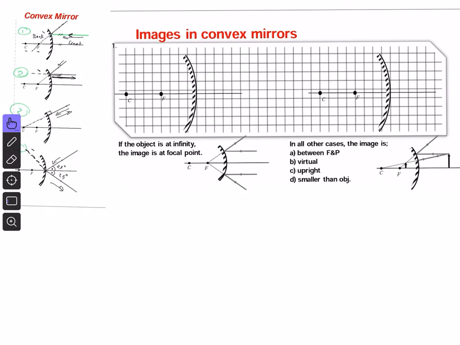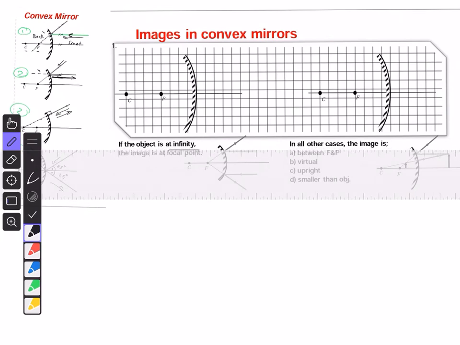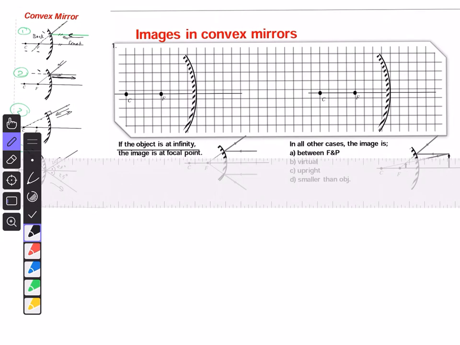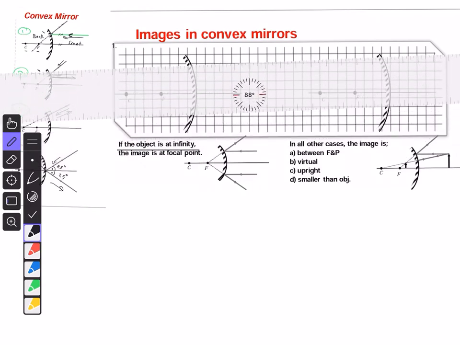First one, when the object is at infinity. If the object is at infinity, will we be able to see any image? No, we won't see any image because it will be so small. So when the object is at infinity, we can just draw some lines which are coming straight.